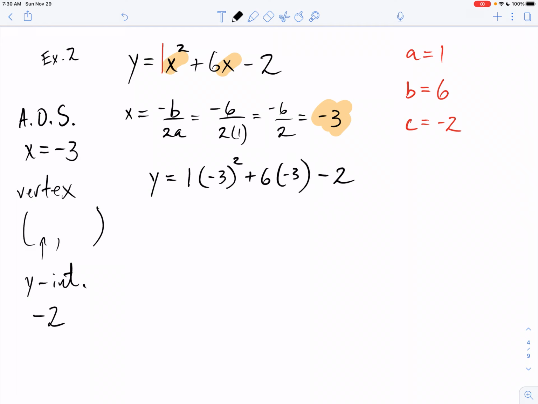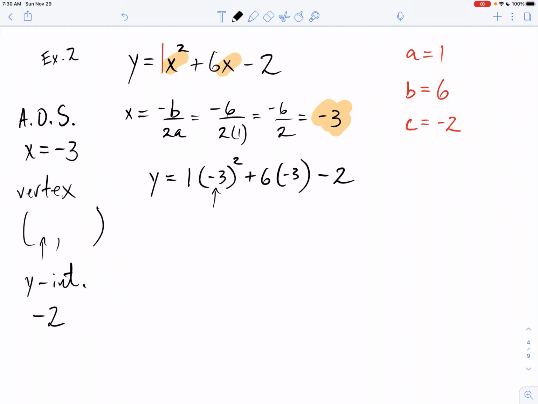So let's see what this thing turns out to be. Well, if I square -3, be careful here. If you're using a calculator, anytime you punch a negative number into a calculator without putting it in parentheses and you square it, it will actually lie to you and tell you the answer is -9.